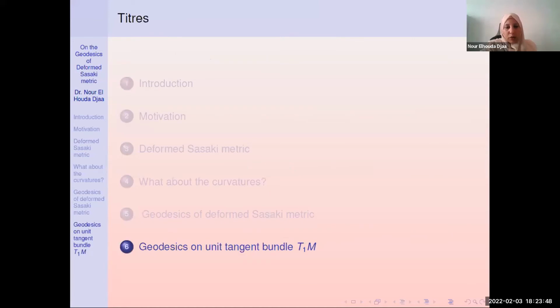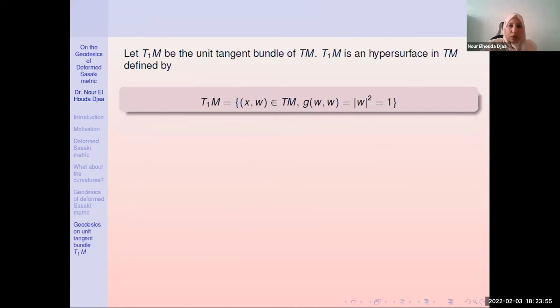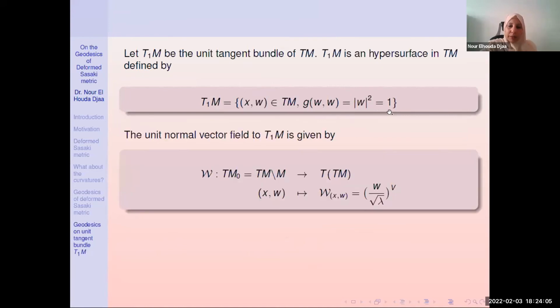In the last part, we study the geodesics on the unit tangent bundle T1M. T1M is a hypersurface in TM, which is defined by the norm of w squared equal 1. In this case, the unit normal vector to T1M is given by w over square root of lambda, vertical.